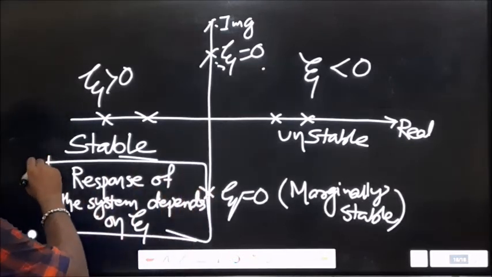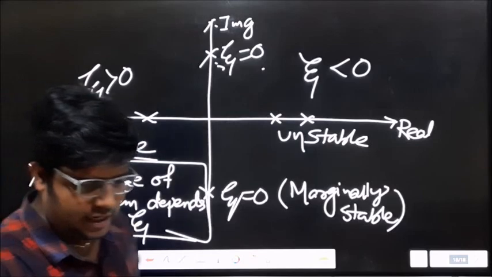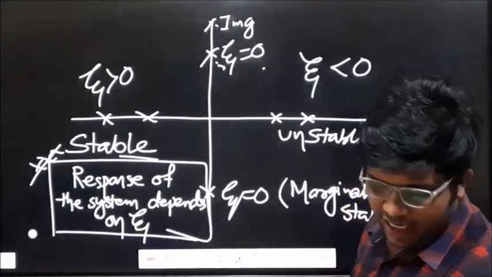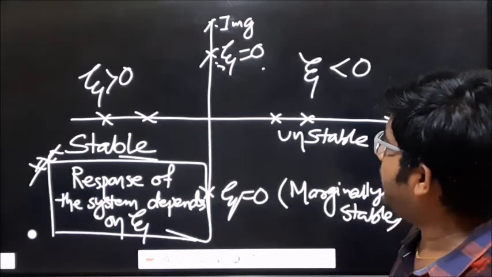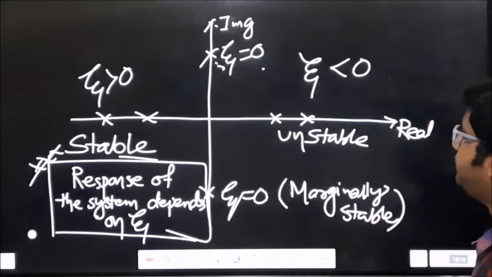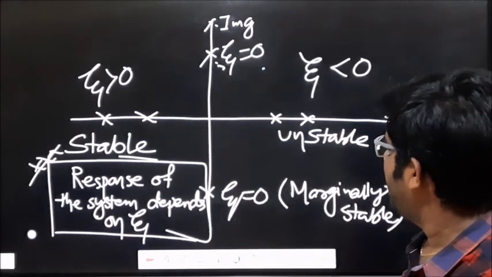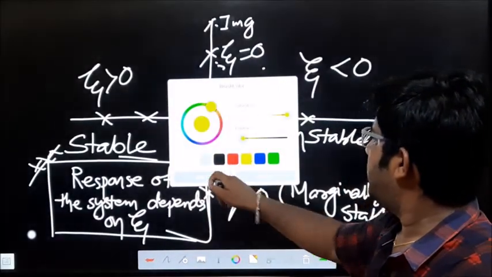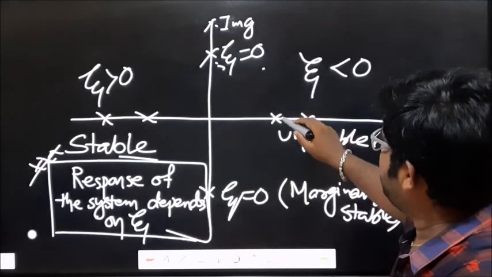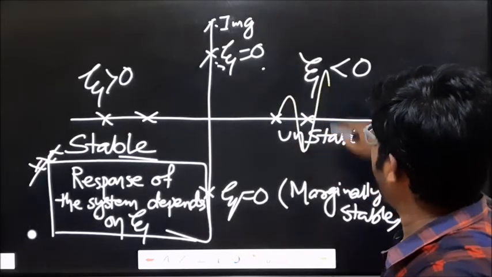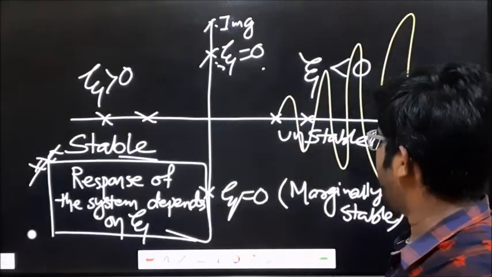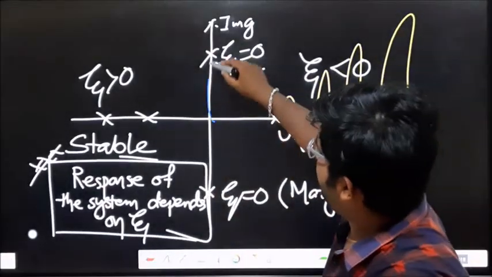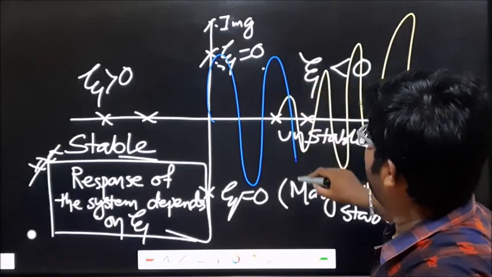It is very important. Clear? So zeta is the damping ratio, and for different values of zeta, we see the location of the poles. The diagram shows an unstable system. When zeta becomes 0, the system becomes like this.